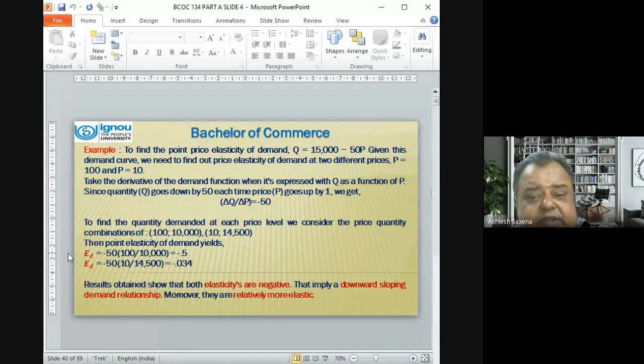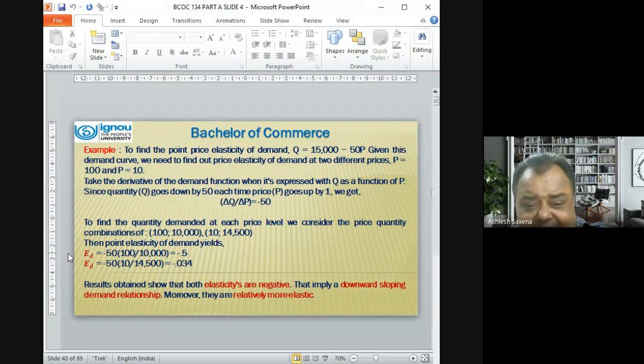We know that it is delta Q upon delta P into P by Q. We put in the values: minus 50 times 100 divided by 10,000, and in the second case minus 50 into 10 divided by 14,500. So we get the values as minus 0.5 and minus 0.34.